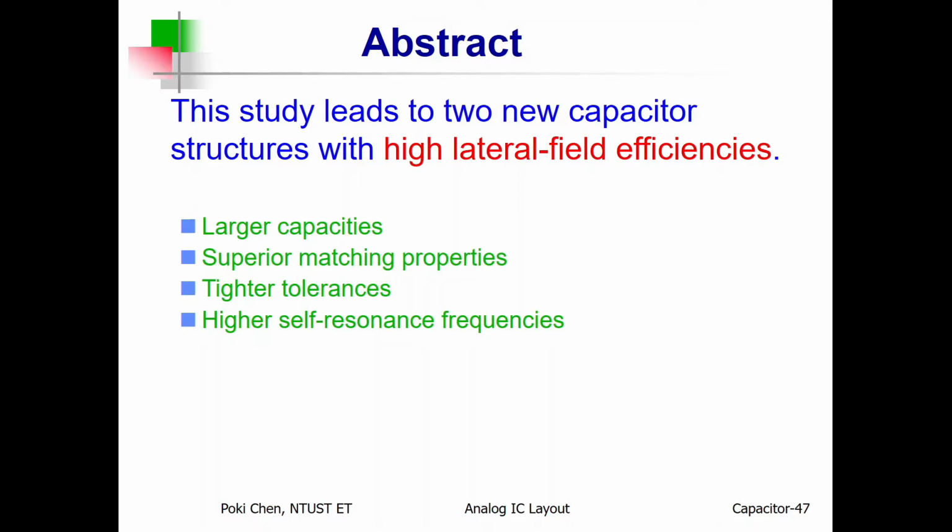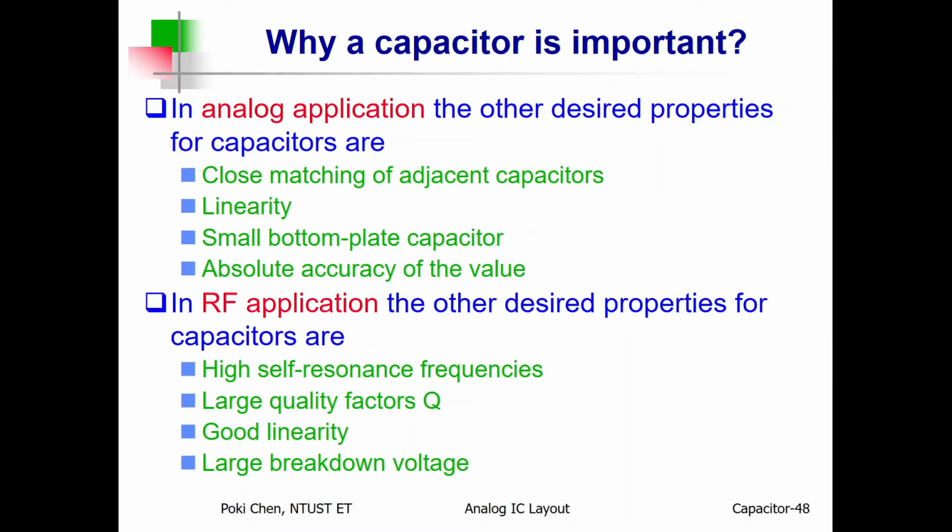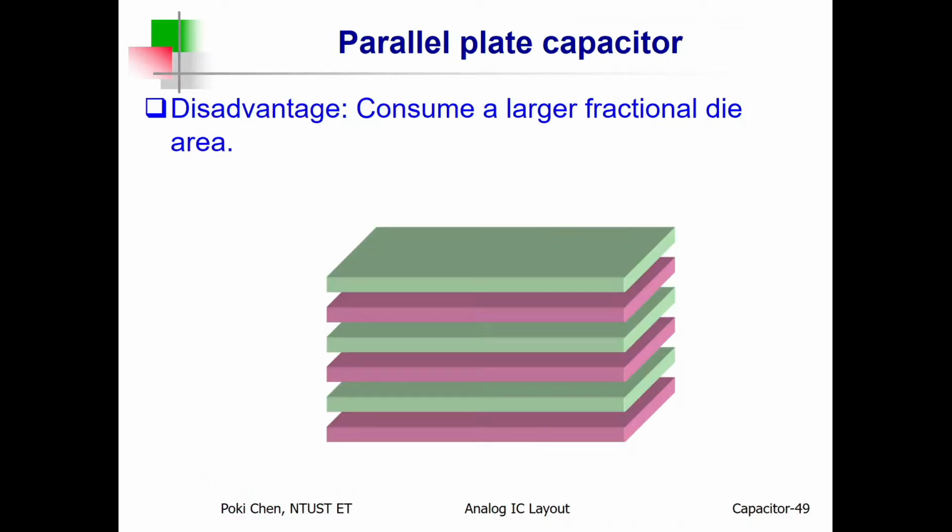Anyhow, again, the authors would like to enhance the capacitance according to lateral field. They would like to enhance very, very much the efficiency of such lateral electrical field. Why is such a capacitor important? Simply because it is really good for not only analog applications, but especially for RF applications.